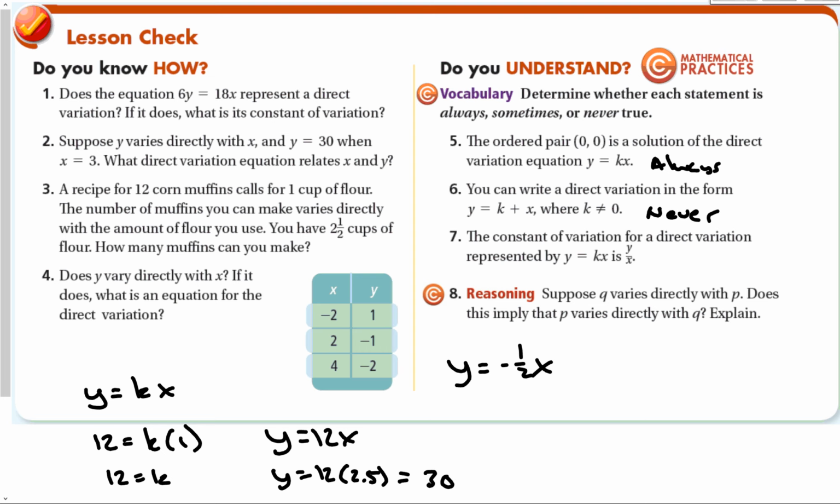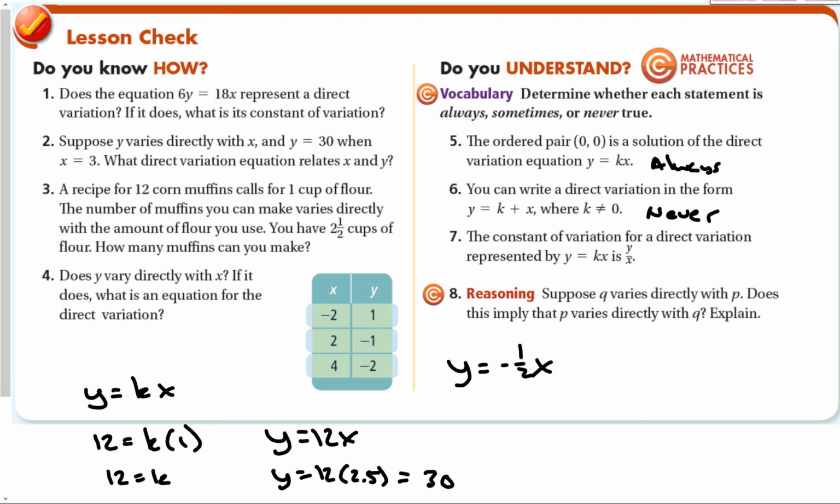If, for example, x is 1, then we're not necessarily going to have a fraction. Yes, that's the constant of variation. I can't think of something where that would not be true, so that would work.